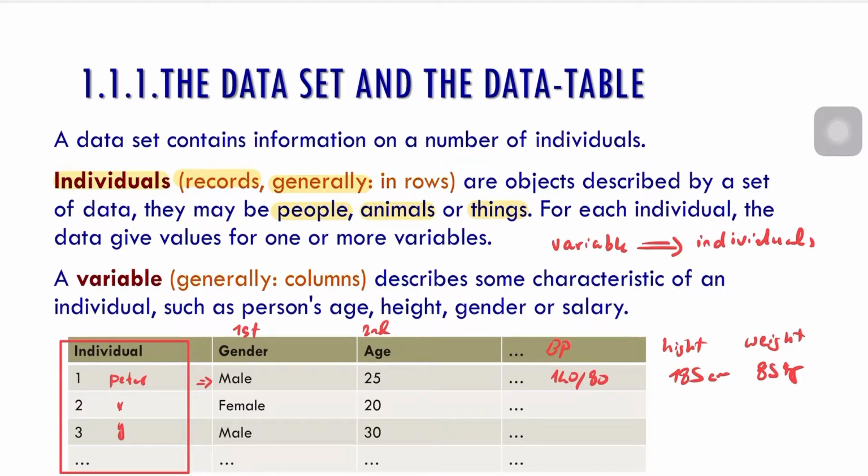As you see here, we can have different variables in these columns, which show information about our individuals, and it is very important.